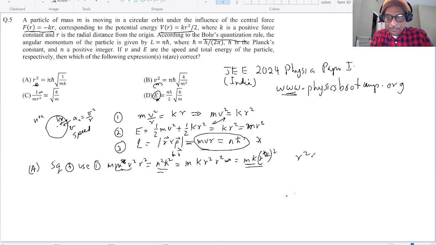That gives r square equals n h bar over square root of m k. So A is right.